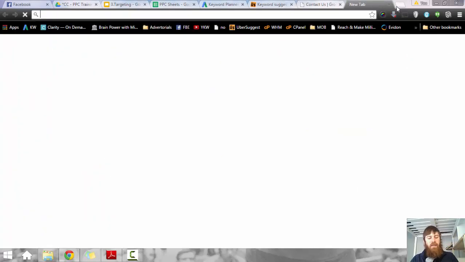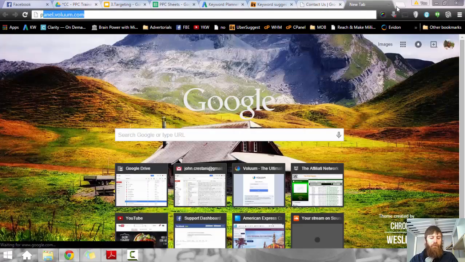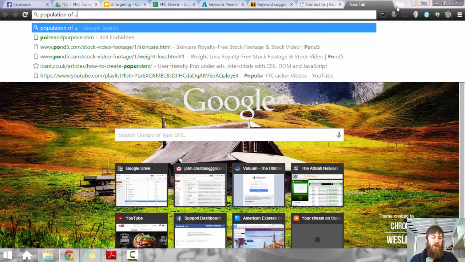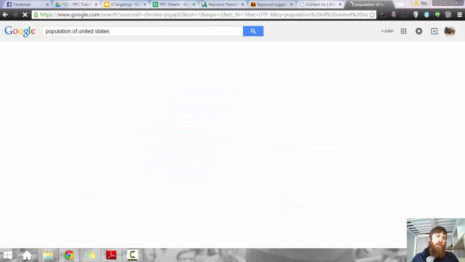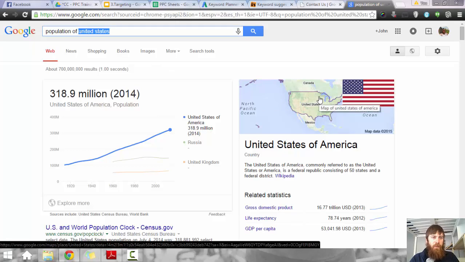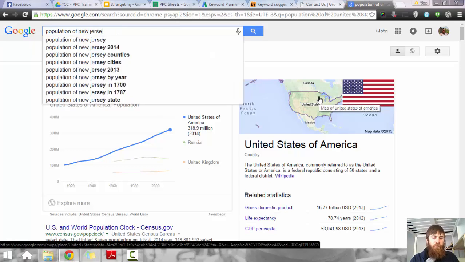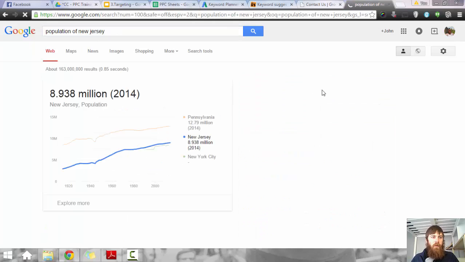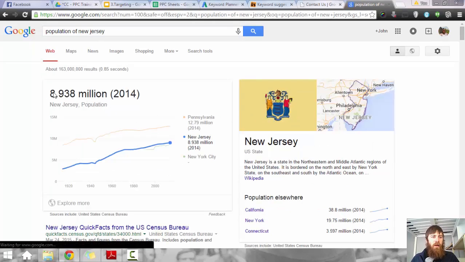And just to get an idea, I want to get a quick read on how big New Jersey is compared to the United States. So let's say there are 300 million people in the US, and there are 9 million people in New Jersey.